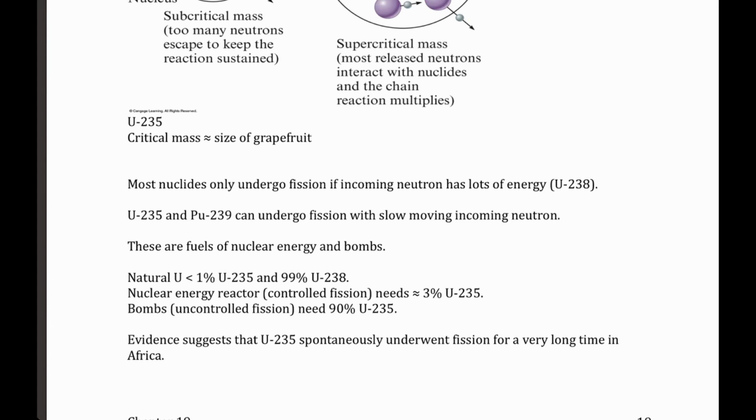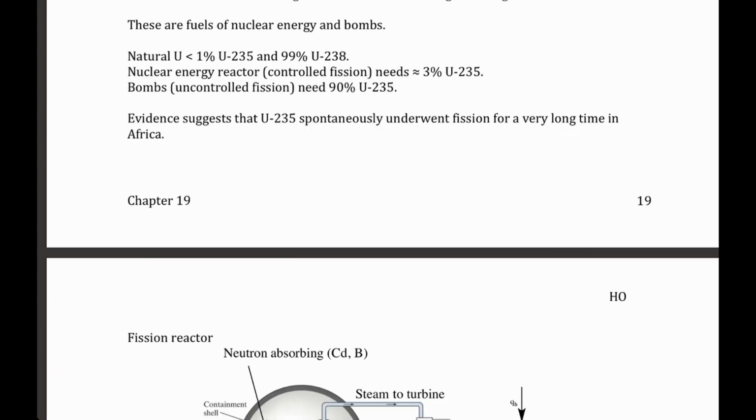So when uranium is found in nature, it has to be enriched to be able to be used in a nuclear reactor. In a bomb, on the other hand, where the desire is to have it react very quickly and explosively, because a supercritical mass is required, it needs about 90% of the uranium to be U-235. So a lot of enrichment is occurring there.